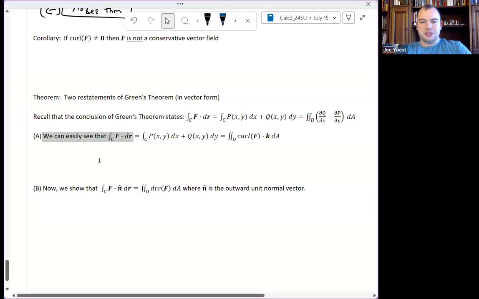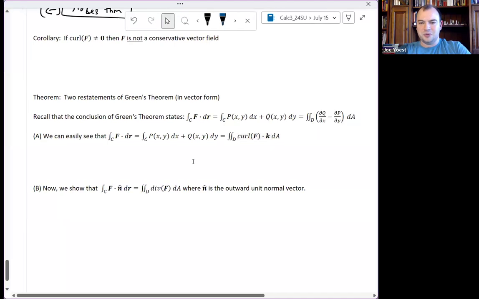Well, part A, we can easily see that the line integral of F dot dr, which is defined to be this, by Green's theorem, should be the double integral over D, a domain, of Qx minus Py dA.